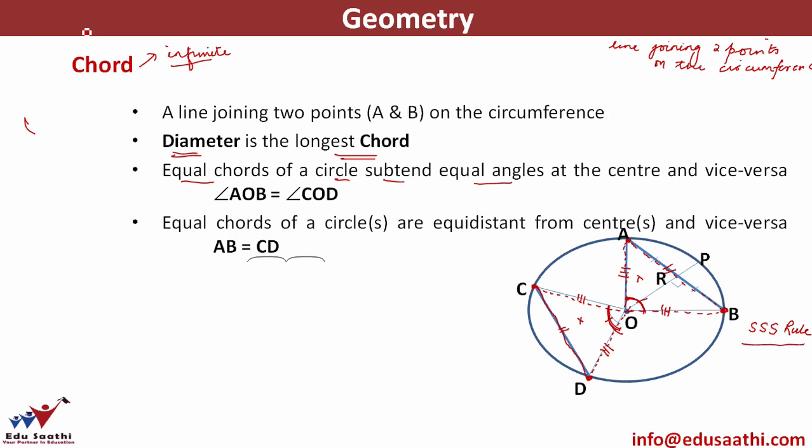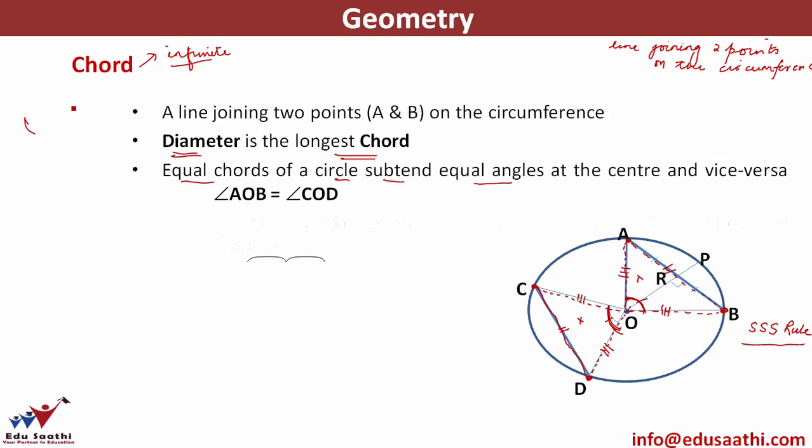Another thing I would like to say, before moving on to the next property of chord, is, if there is a circle and if there is a chord, this is the angle which is subtended at the center. The longer the chord, the larger will be the angle subtended at the center. So I would say the length of the chord and the angle at the center are directly proportional.